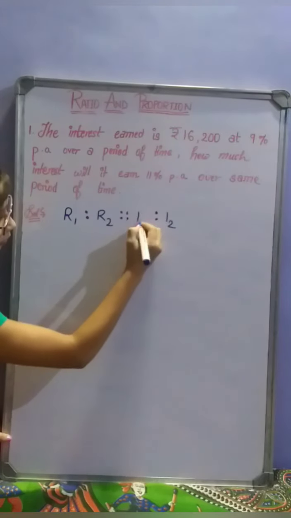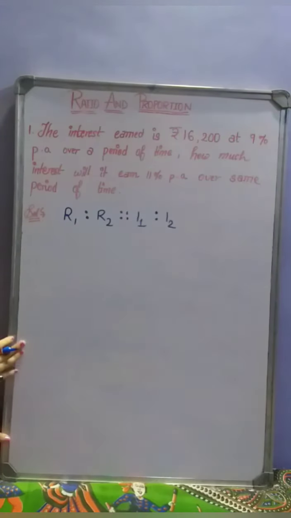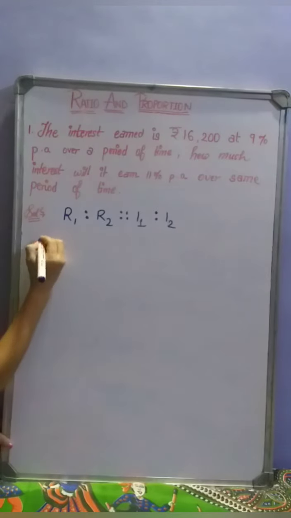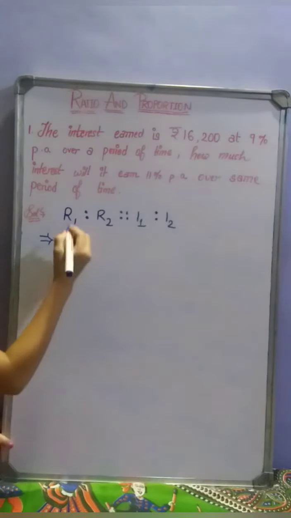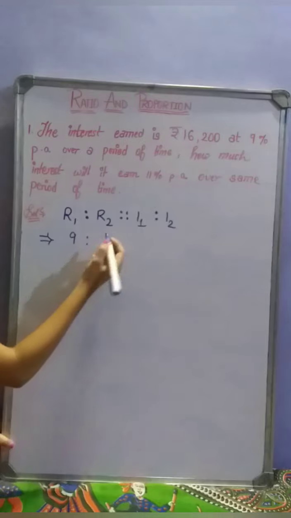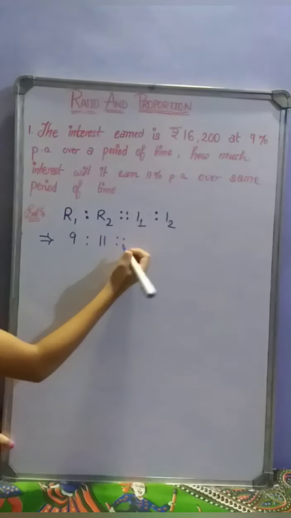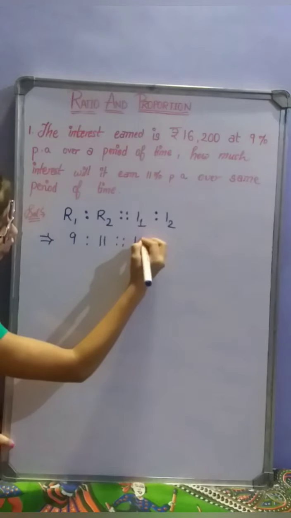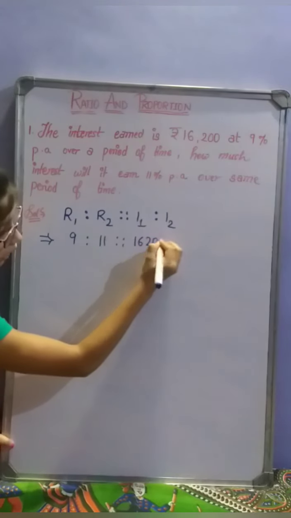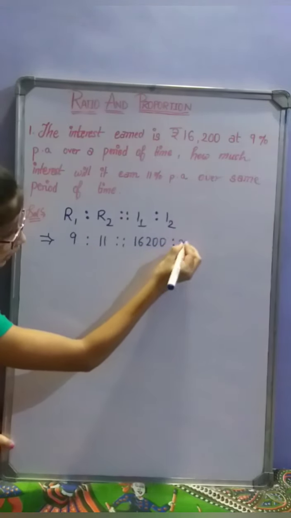Rate 1 is 9% and the second rate is 11%, as the first interest is 16,200, but we don't know the second interest, so we write it as x.